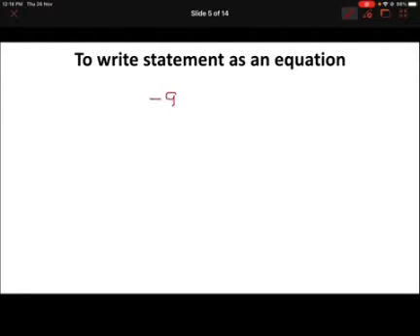A number is already there. Let us call that number P. Small alphabet, children. Remember always small alphabet. But you can use any alphabet if it's not specified. If it is already specified as 9 is added to P, then you have to use only P. But if I give statement as 9 is added to any number, then you can use any variable, say x plus 9 or t plus 9 and so on.